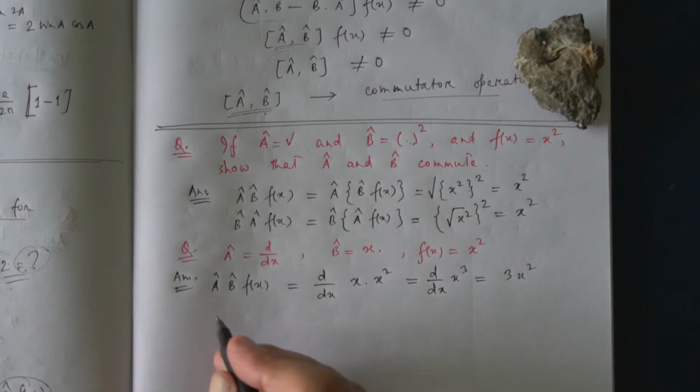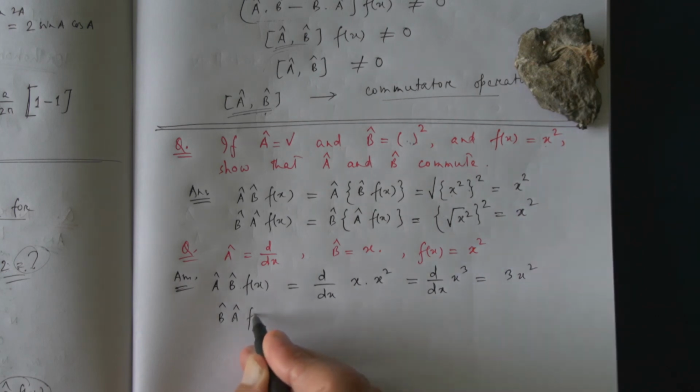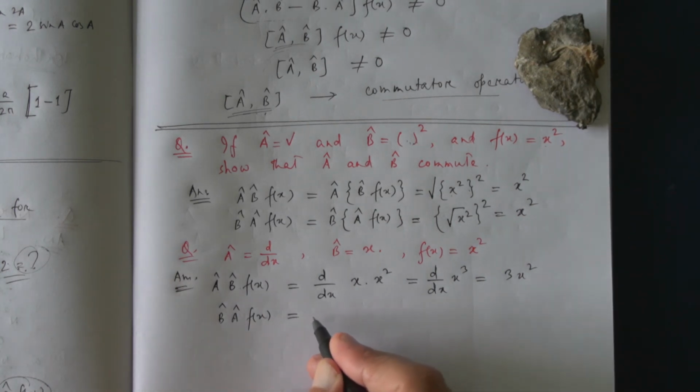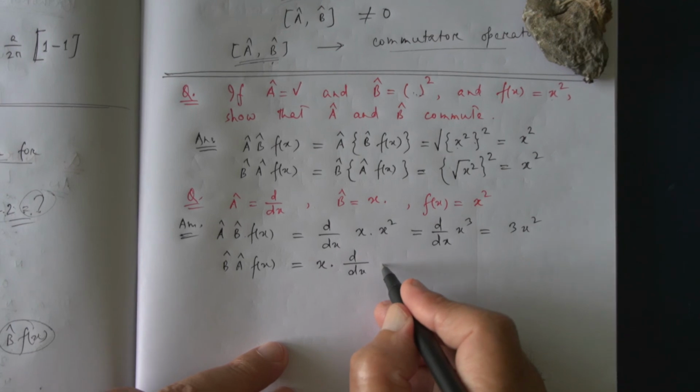Now BA f(x) equal to B means multiplication by x, A means d/dx of x square.